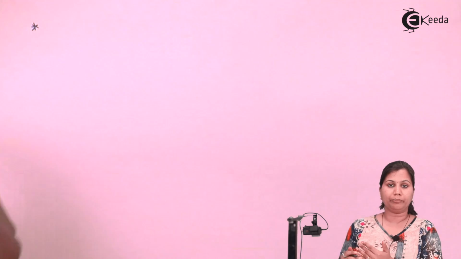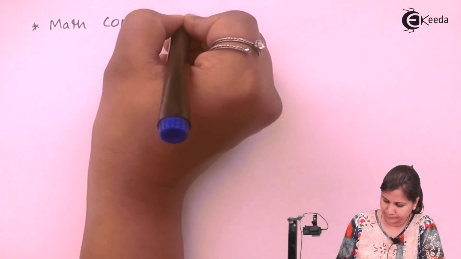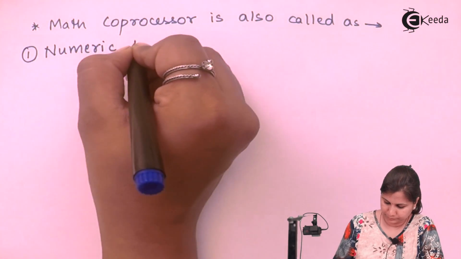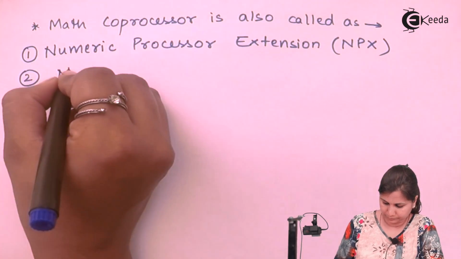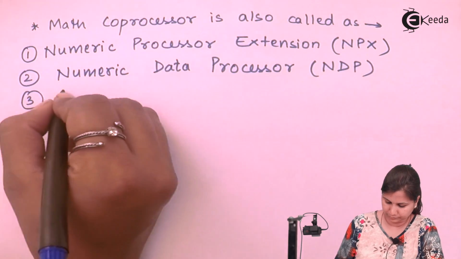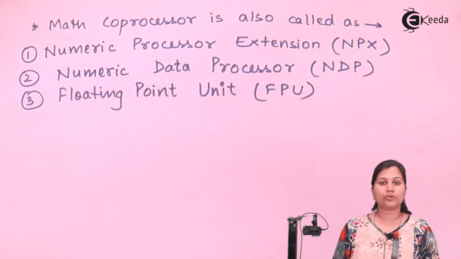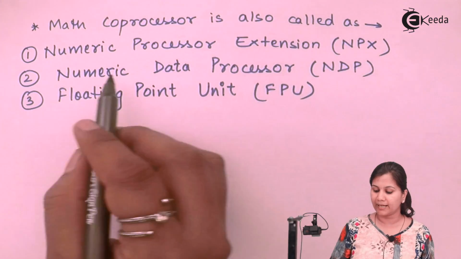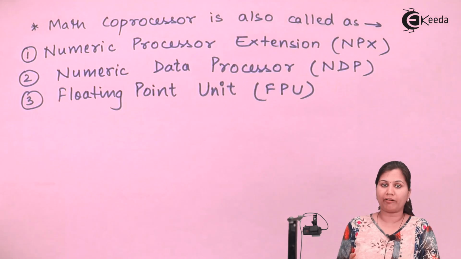It is also called a numeric processor extension, that is NPX, then numeric data processor NDP, and floating point unit FPU, depending upon the functions which it performs.